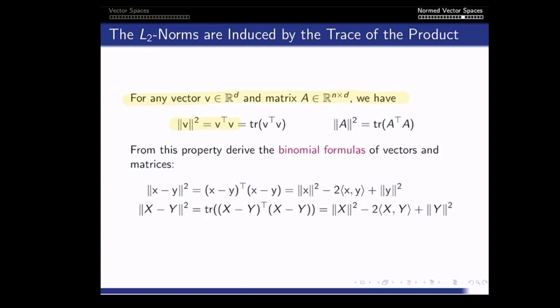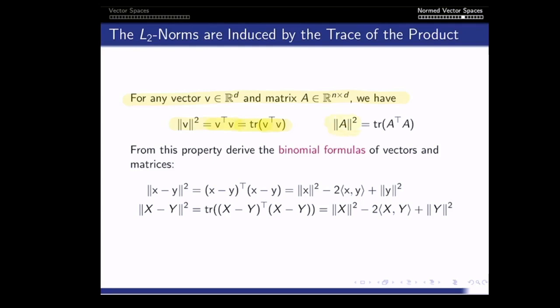But you can also just go to the definition, which is summing up the element-wise multiplication of v. And this is then equal to the trace of v transpose times v. Now this is not very interesting here because the trace is just summing up the diagonal, and v transpose times v is just a scalar, so one number, and the trace of that one number is then that one number, right? So this does not really change much.